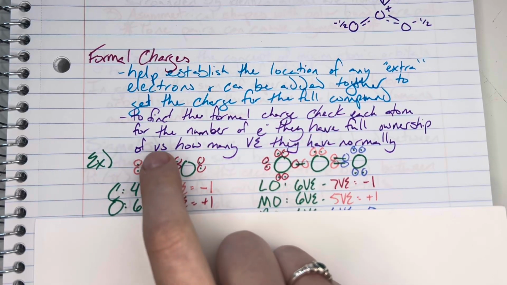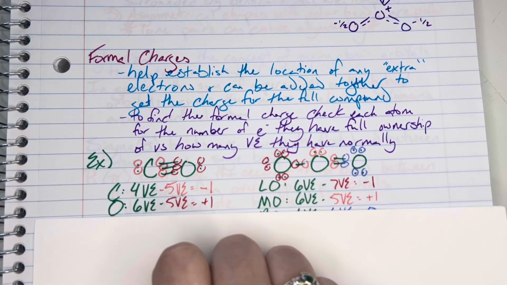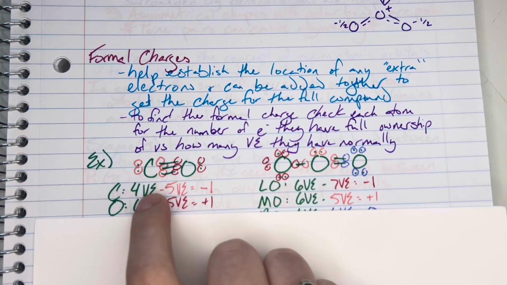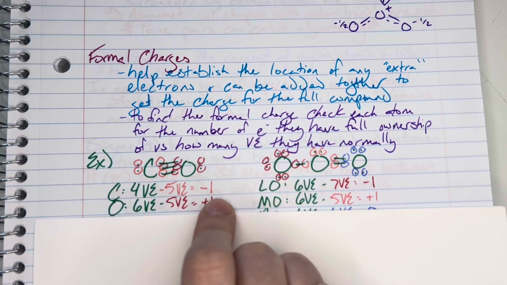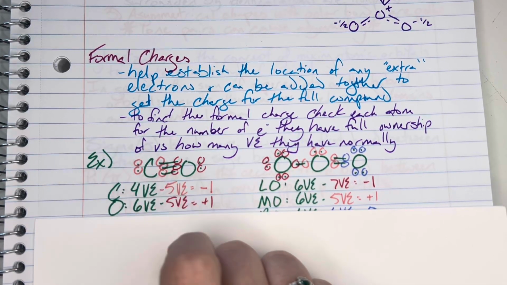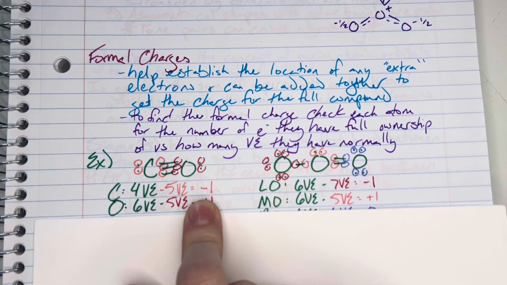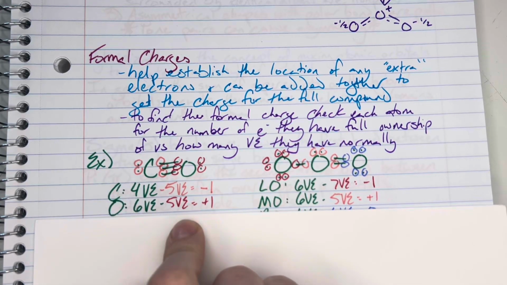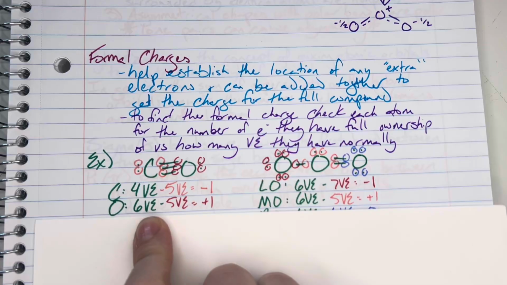So just the electrons that are closest to carbon are the ones that carbon has full ownership of, and it has 5 instead of the 4 that it normally would. That means this carbon has 1 extra electron than it should have, and therefore its formal charge would be -1. Oxygen normally has 6 valence electrons.